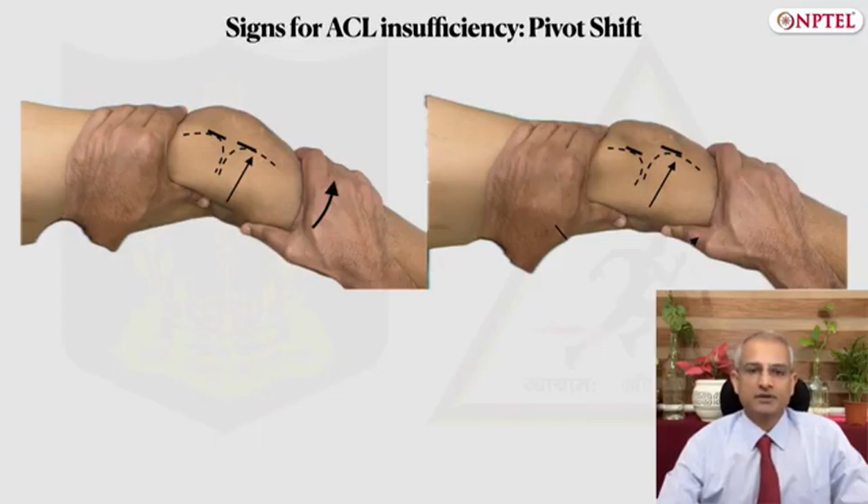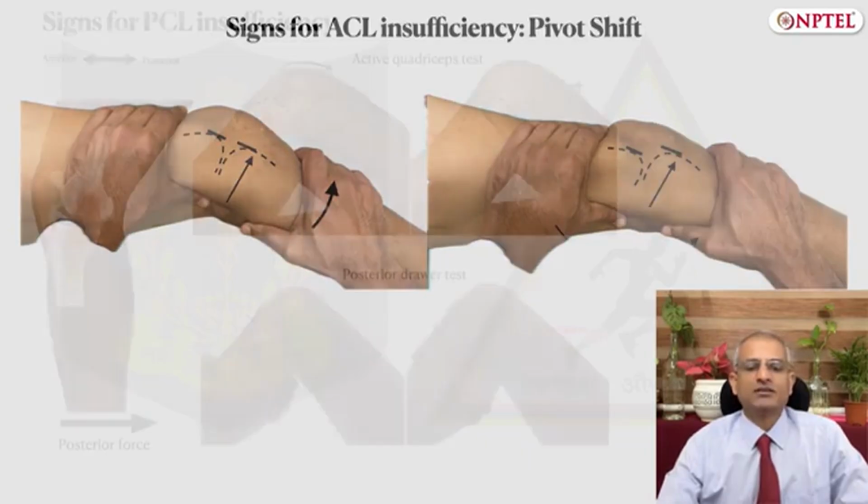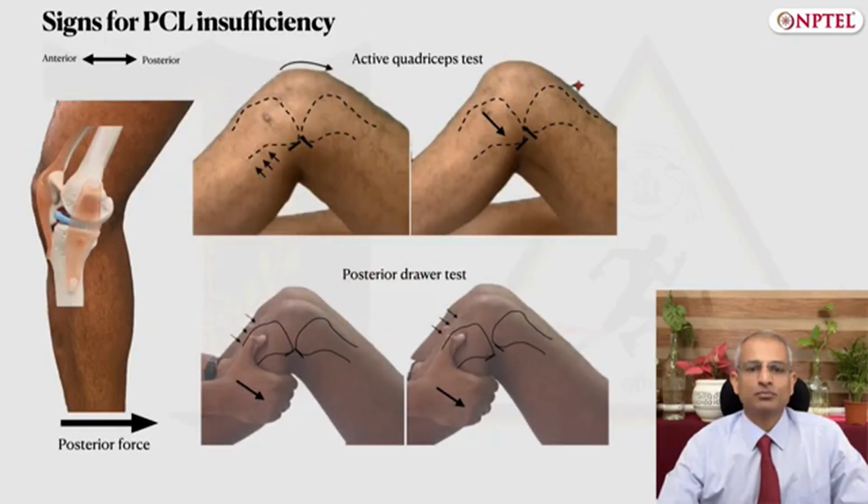After checking the integrity of ACL, the next common set of tests are performed for the posterior cruciate ligament. The quadriceps active test is done by flexing the knee to 90 degrees while the patient is lying supine on the couch. The patient is asked to actively contract his quadriceps, and from the sides, any anterior movement of tibia is noticed.